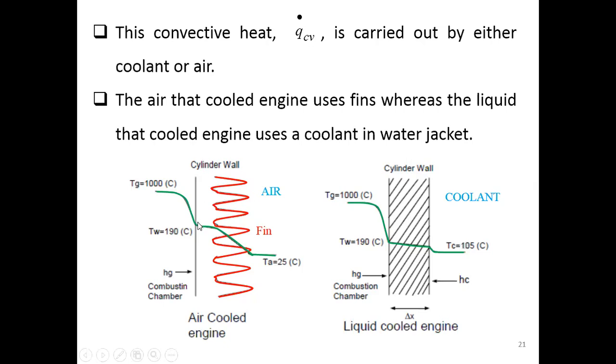The fin is shown right here, and the coolant is on this side. If we use air to cool down, we need a fin here. But for the engine that uses coolant, we need a water jacket on this side.